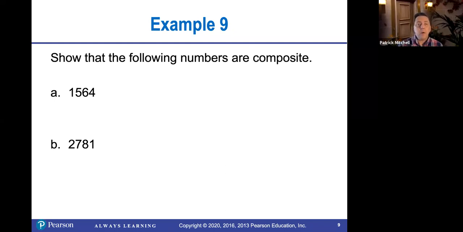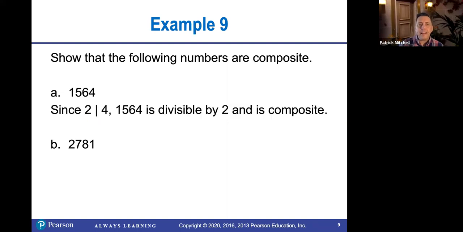So the number 1,564, that's pretty easy. You should be able to tell just by looking at that that it is an even number because it ends in a 4. Okay, so automatically it's composite, that's all it takes. Now 2,781, we'll have to think about that for a few extra seconds.